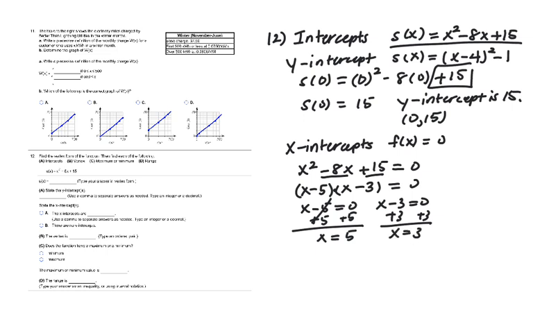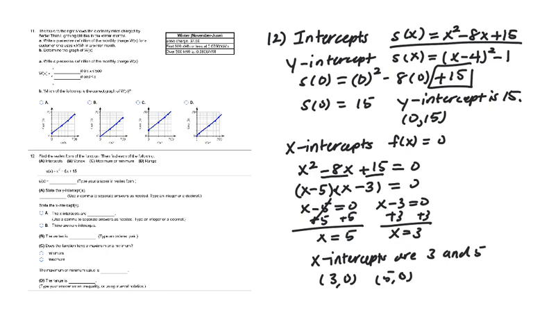So my two x-intercepts are 3 and 5. Or if I want to express those in terms of a point, if I know y is 0, then my first point will be (3, 0), and then (5, 0).